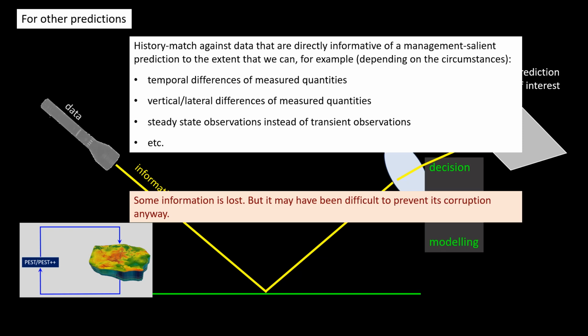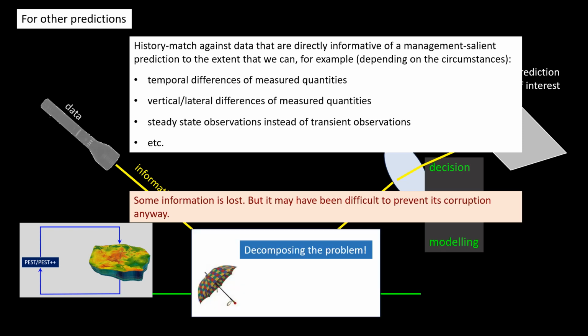But at the same time, the information that may have been lost by not allowing all information to enter a model may have been corrupted anyway, and we've seen how it can be corrupted. All of this falls under the umbrella of decomposing the problem. And in fact, decomposing the problem is a subject matter of other GMDSI monographs and videos.